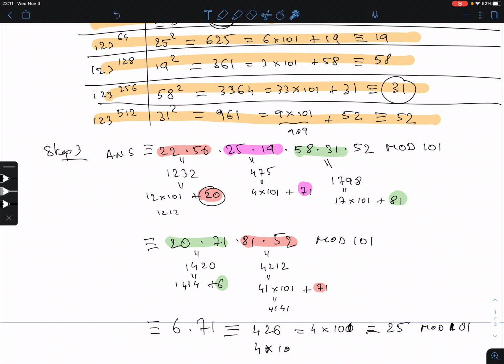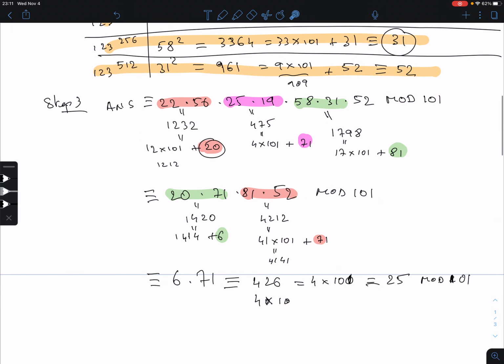Or perhaps that is where I went wrong. 4212 minus 4141 is 71. No, still correct. What the hell did I do wrong then?